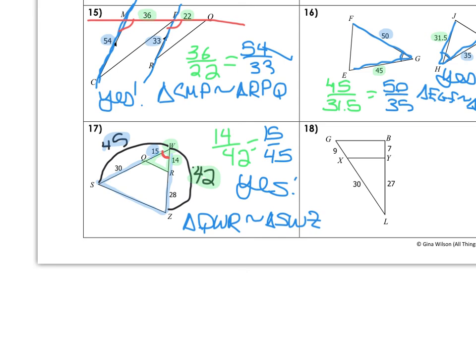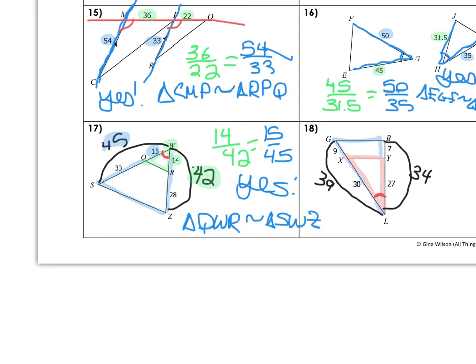Okay, last but not least, if you'll notice, we've got a big triangle and we've got a little triangle. And what you should see is they both share this angle. So we need the length of this whole side, which is 39 for the big one, and then the length of this side, which is 34. And let's go ahead and set up our proportions.